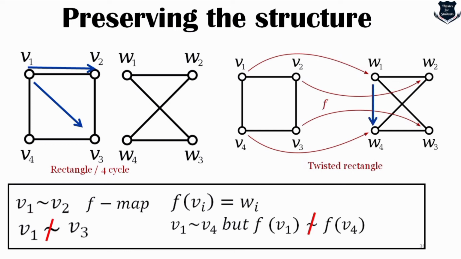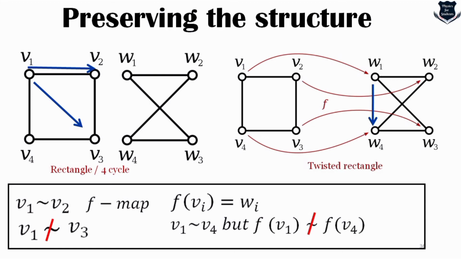You see that W1 and W4 are not similar, because when V1 is mapped to W1 and V4 is mapped to W4, then W1 is not similar to W4 once it has been mapped.